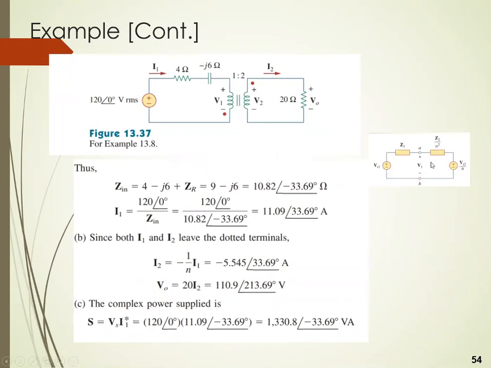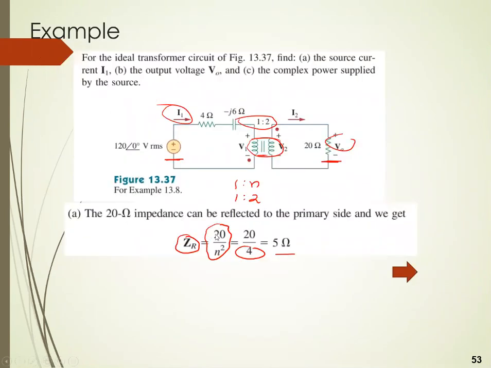doing that, then for my input impedance, I'm going to have 4, which is this term here, minus j6 plus the value of the reflected impedance. Okay, since the reflected impedance had a value of 5, that's all there is to it, because it's just a resistor.